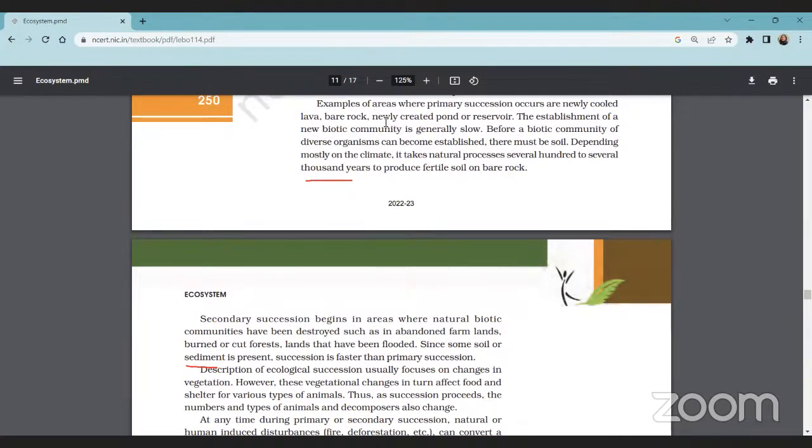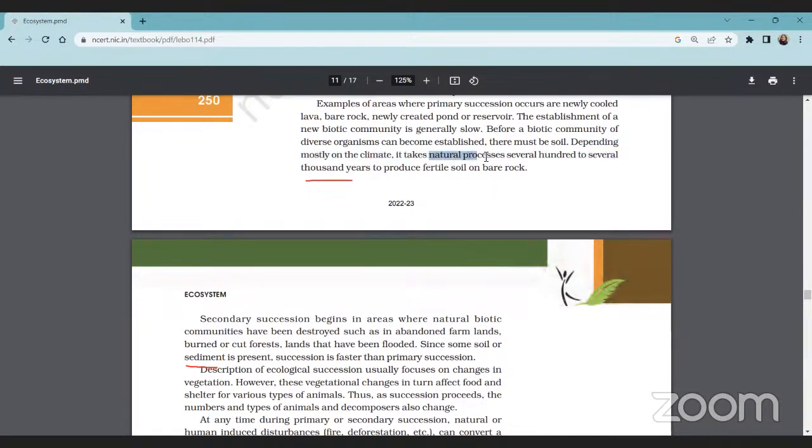Examples of areas where primary succession occurs are newly cooled lava, where lava is the hot molten rock, bare rock, and a newly created pond or reservoir. The establishment of new biotic communities is generally slow. It takes a lot of time for the formation of a community. Before a diverse biotic community can become established, there must be soil, depending mostly on the climate.